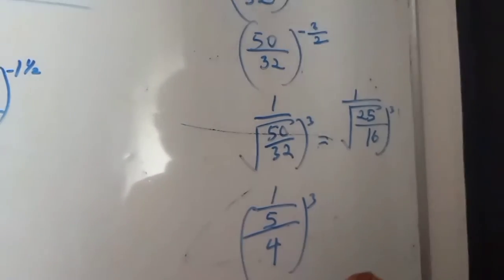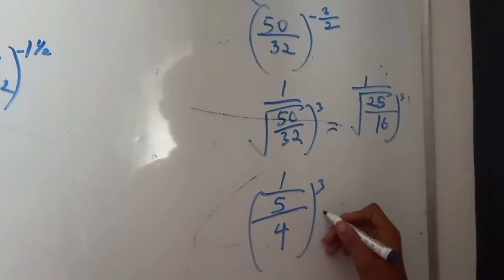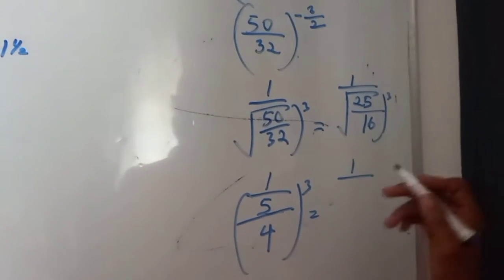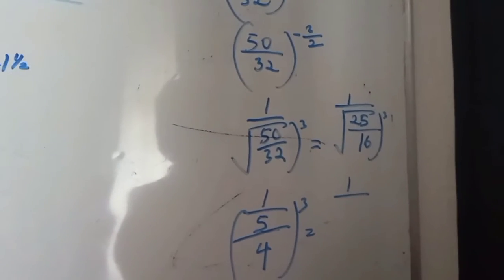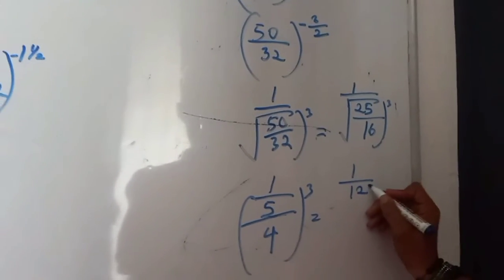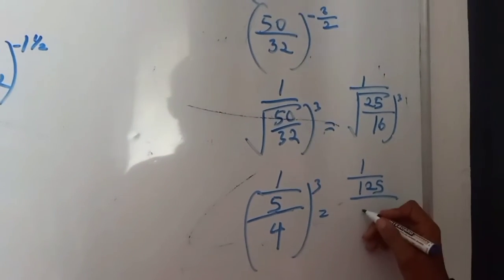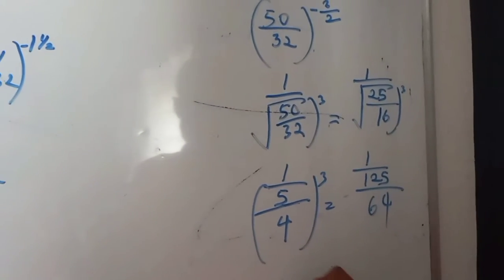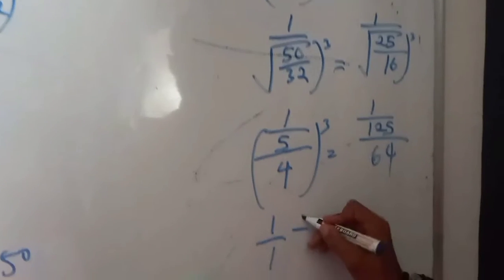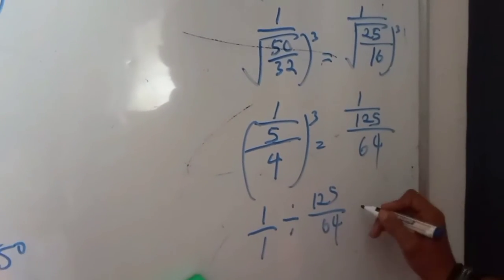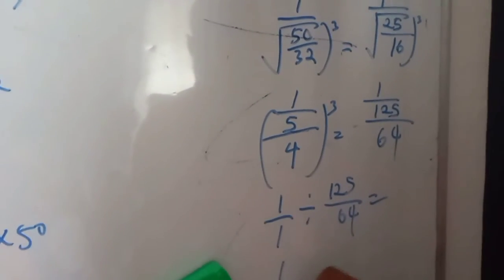What happened? I will do 1 over 5 times 5 times 5. 5 times 5 is 25, 25 times 5 is 125, over 4 times 4 is 16, 16 times 4 is 64. Now expand it: 1 over 1 divided by 125 over 64, equals normally 1 over 1.